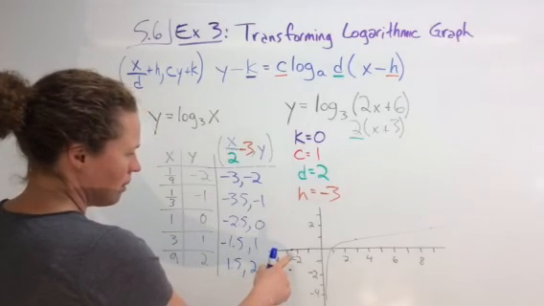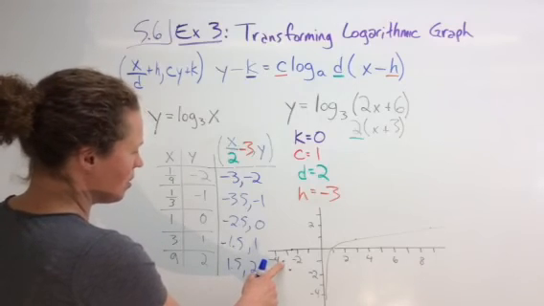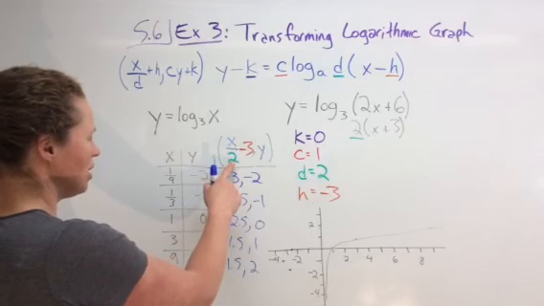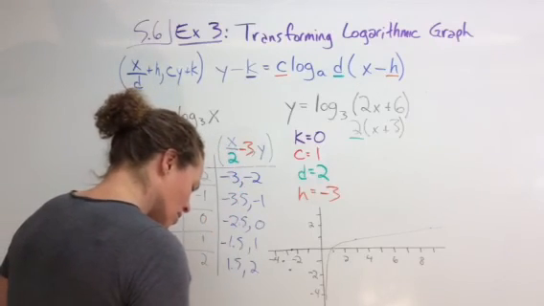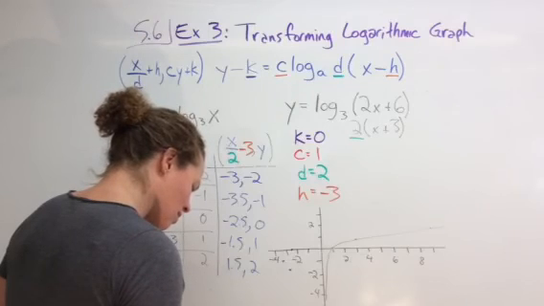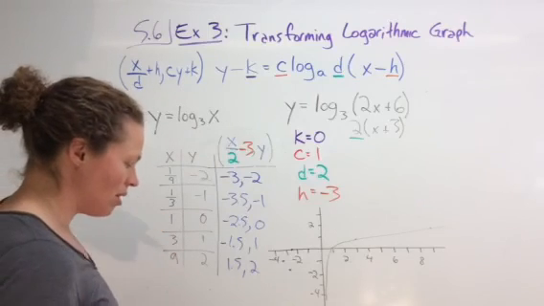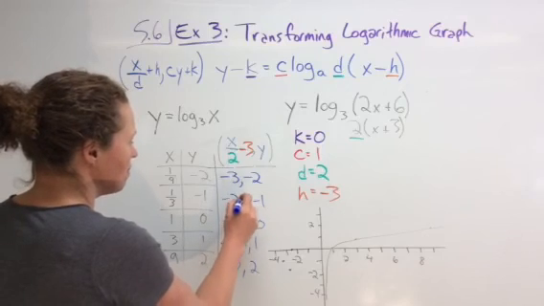Okay, I can't stand it. I got to look back at this point. This point doesn't work. So 1 over 3 becomes 1 over 6 minus 3 gives me, I must have made some sort of typo in my book because this is supposed to be negative 2.8, which makes a lot more sense.